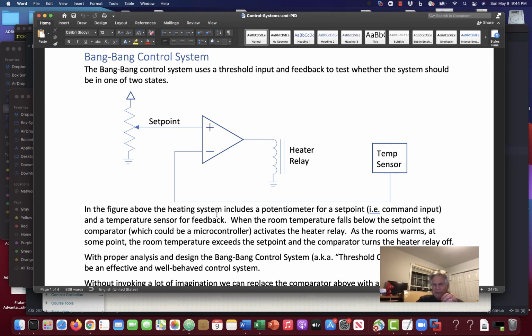the 555 timer. If you think about the 555 timer, which I'm sure you've looked at, it has three 5K resistors in it. And they create two set points, one at 1/3 of the supply voltage and the other at 2/3 of the supply voltage.